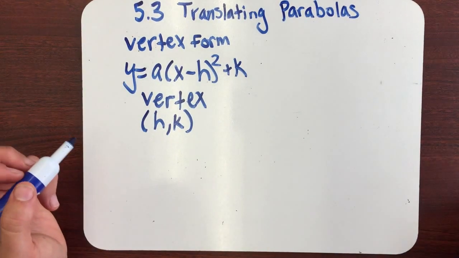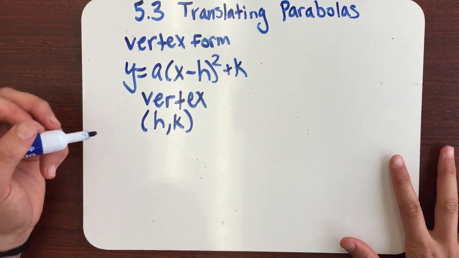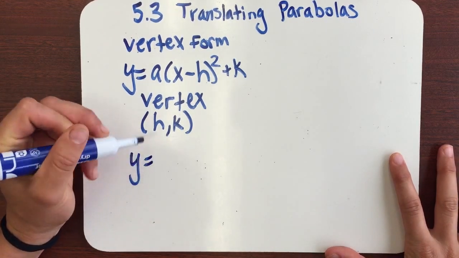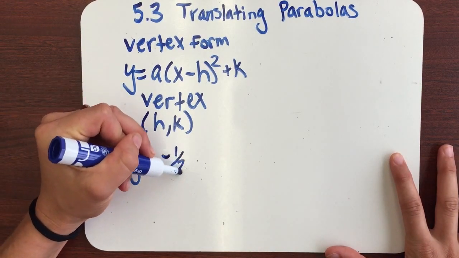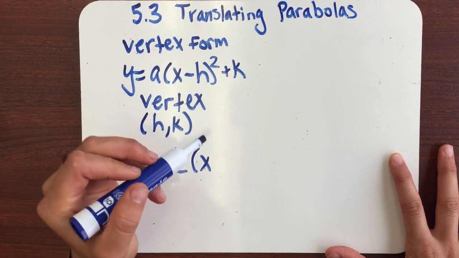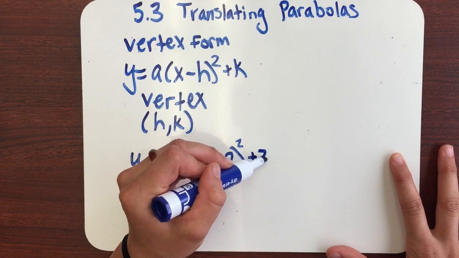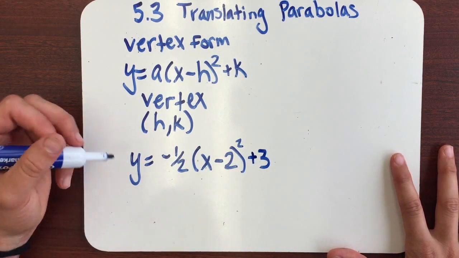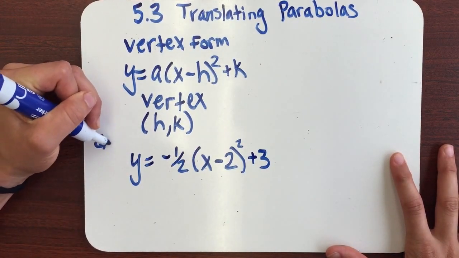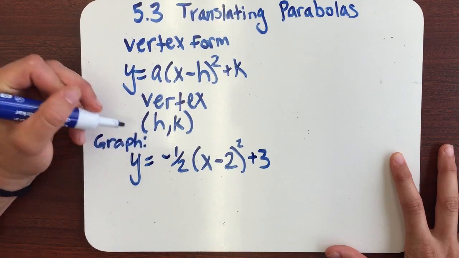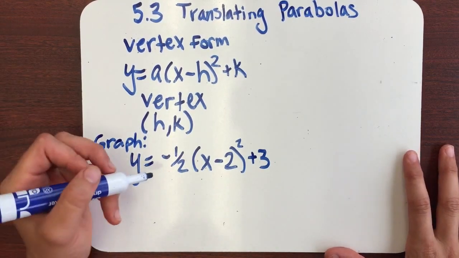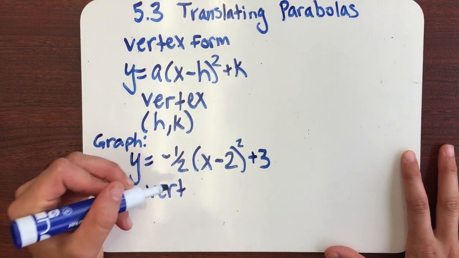So let's say, for example, we have y is equal to -1/2 times (x minus 2) squared plus 3. If we want to graph this, then right away we know what the vertex is.